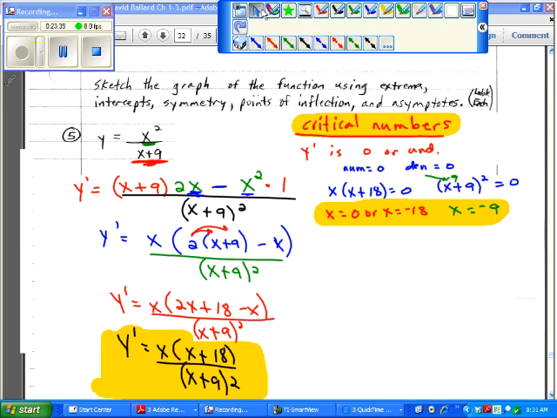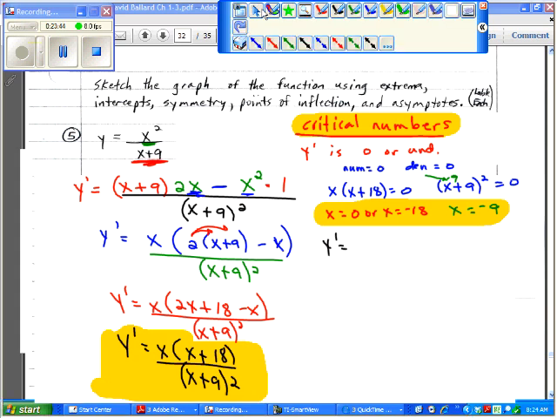So before we do the second derivative, let's change the first derivative into, if I were to distribute this out right here, x squared plus 18x, but you don't have to do this. I just think it's probably going to be a little bit easier if you do. Over x plus 9, quantity squared. That way you don't have to do a chain when you're doing the derivative of the numerator.